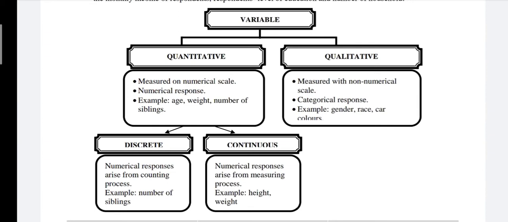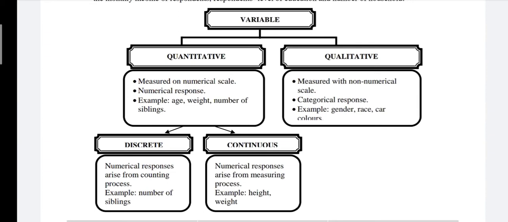Qualitative adalah variable that is measured with non-numerical scale ataupun categorical response, which the example is gender. Kan, gender, lelaki perempuan, we cannot measure using numerical scale. Race, car, colors, colors of eyes. So that is the example of qualitative variable.